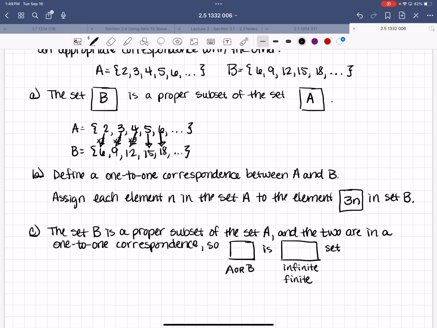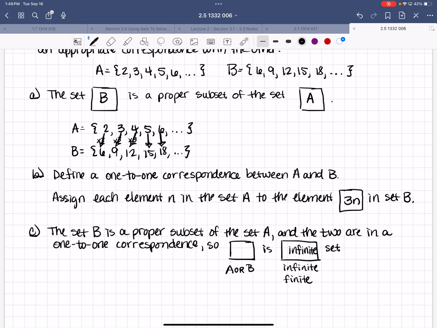Okay? So it says the set B is a proper subset of the set A, and the 2 are in a one-to-one correspondence. Well, aren't those my 2 rules for being what? Infinite, good. So we know this is an infinite set. Now, who is the infinite set?